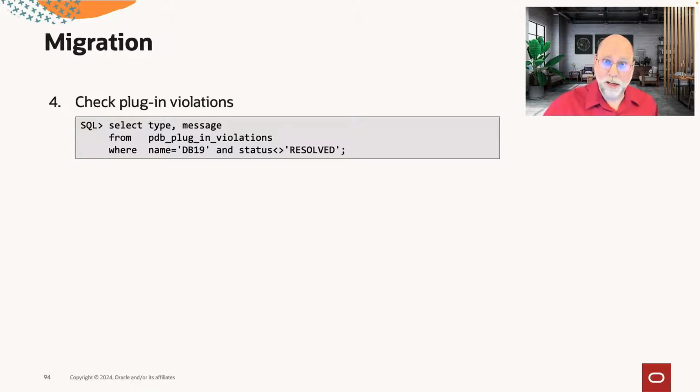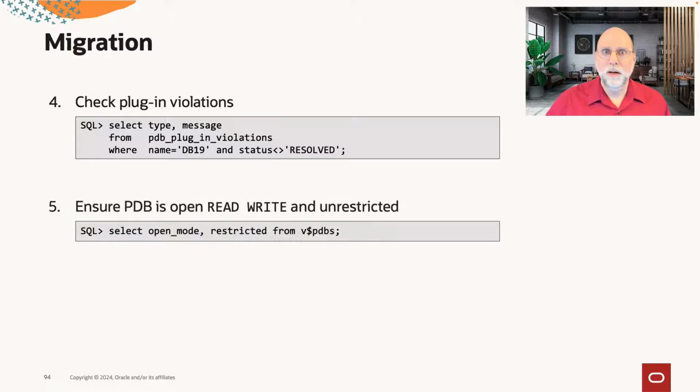Remember that warning that said this was a non-CDB and you need to run non-CDB to PDB.SQL? Well, if you run that, then you should not find that warning present and unresolved in the PDB plugin violations view. And then also check the open mode. Make sure that it opened read, write, and not restricted. So make sure it's not open in a mount state or something like that.